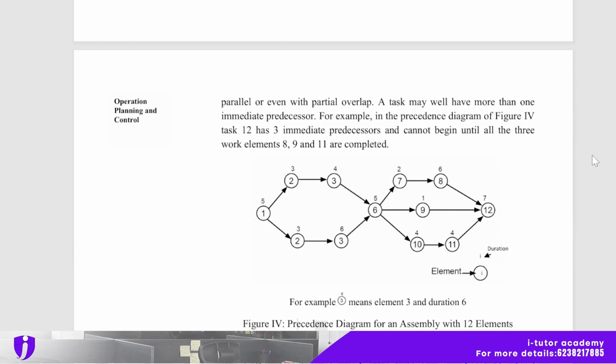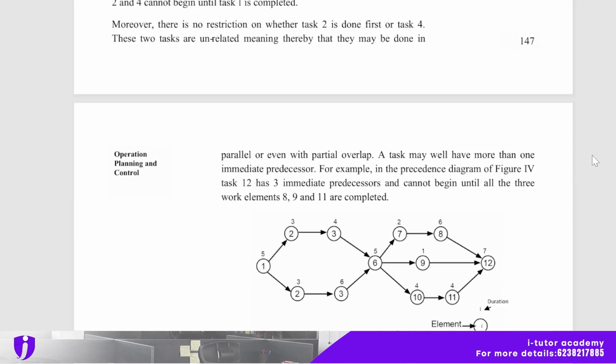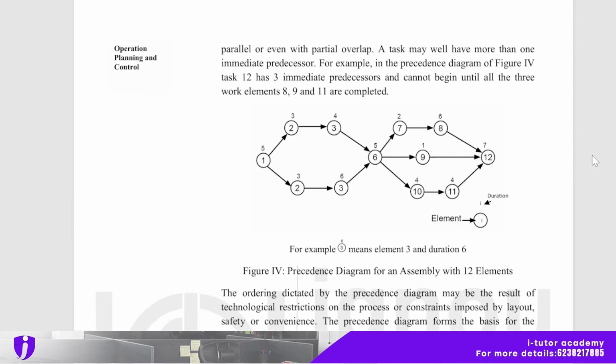Please refer to the example. There is no restriction on whether task 2 is done first or task 4. These two tasks are unrelated, meaning that they may be done in parallel or even with a partial overlap.